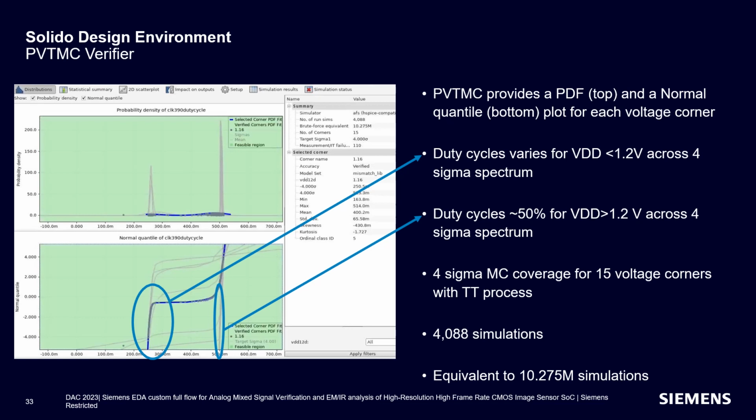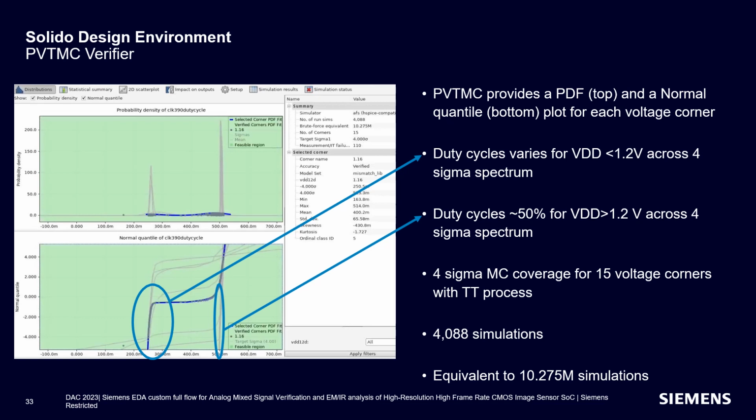This slide shows a 4 sigma Monte Carlo run for a clock distribution circuit for a 15 voltage corner transient simulation at typical corner. The PVT-MC verifier provides a probability density function shown on the top plot and a normal quantile plot shown at the bottom for each voltage corner.